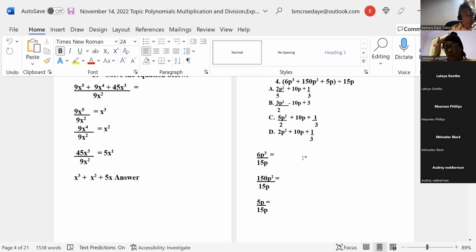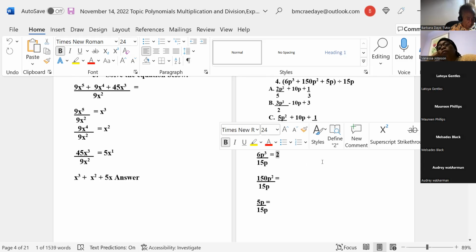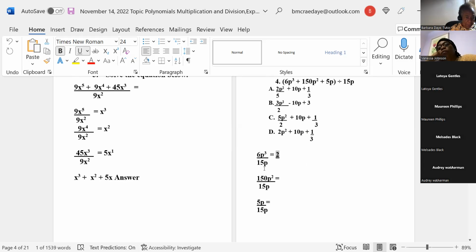There's a number that goes into 6 and into 15. 3 into 6 is 2, and 3 into 15 is 5.